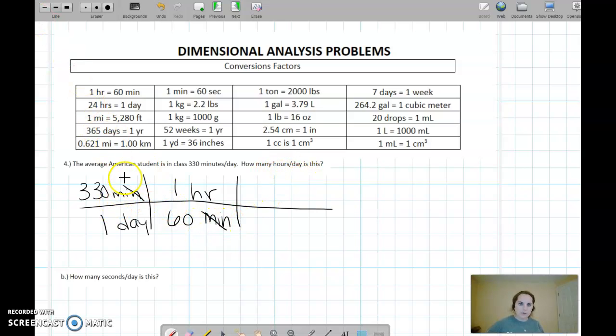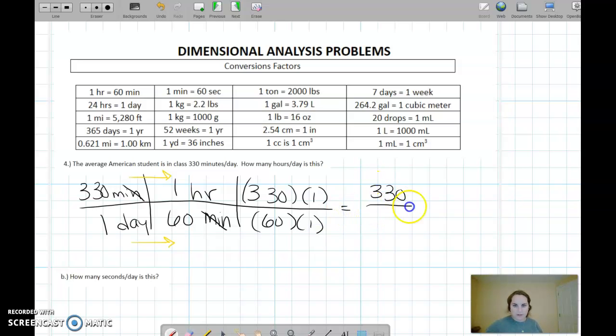And so now we just do the math across. Okay, so we get 330 times 1, and then we get 60 at the bottom times 1. Okay, so 330 divided by 60, and what is our unit?